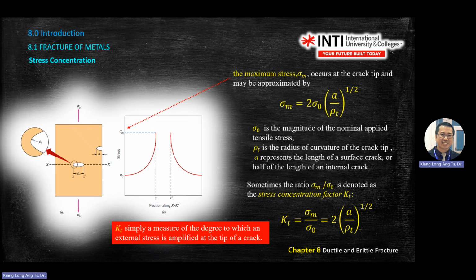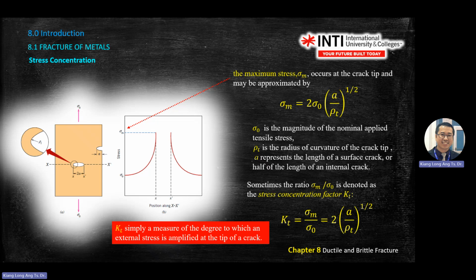If the question asks about an edge crack, or a crack from the edge, and it gives you 0.2 mm, then this is A. Don't confuse the internal crack and the edge crack, but we are still using the A value. Usually the mistake will be here: you straight away use 1 mm, and the calculation will be wrong.